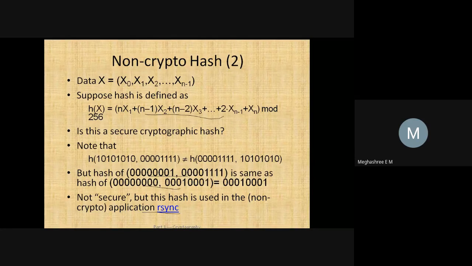Have you heard of this word anywhere? Rsync is remote synchronization, and it is used as a command for copying and synchronizing files and directories remotely as well as locally in a Linux or Unix system.